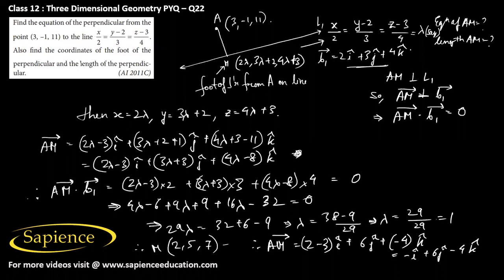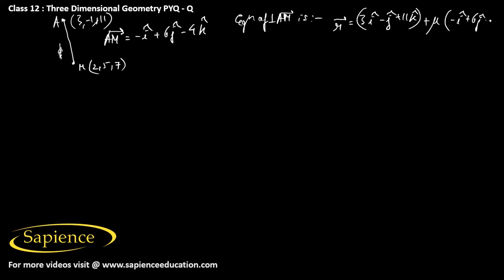To find the equation of this perpendicular AM, the equation will be r vector equals 3 i cap minus j cap plus 11 k cap plus mu into (minus i cap plus 6 j cap minus 4 k cap). So this is the vector equation of the perpendicular AM.